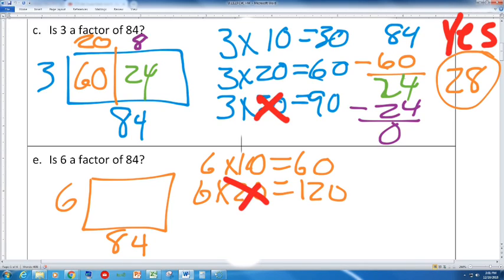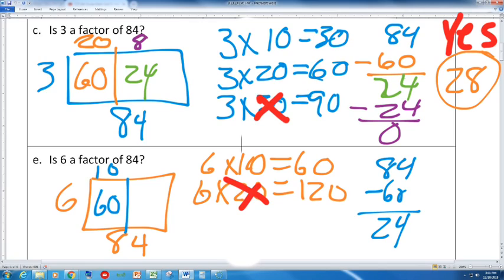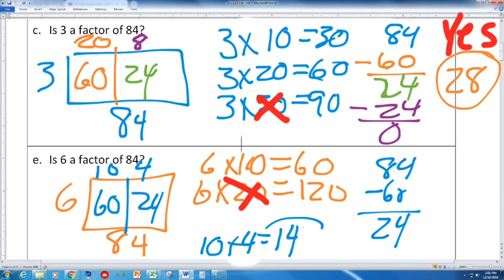So we're going to stick with 10. 84 minus 60 is 24. How many times can 6 go into 24 without going over? 4 times exactly. 10 plus 4 equals 14. No remainders. So yes, since there is no remainder, it is a factor.